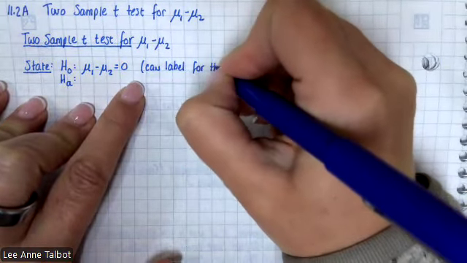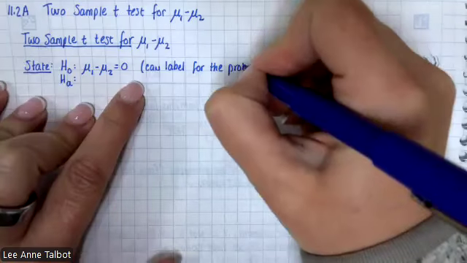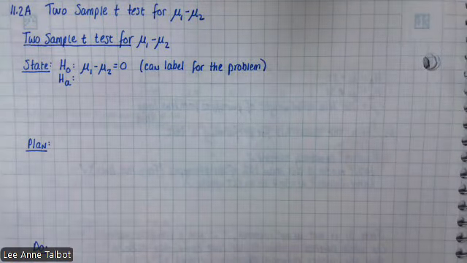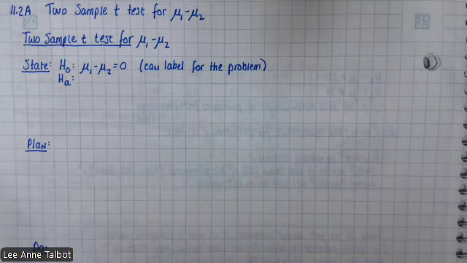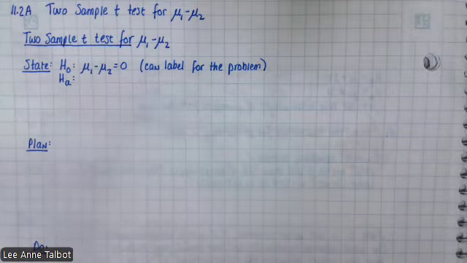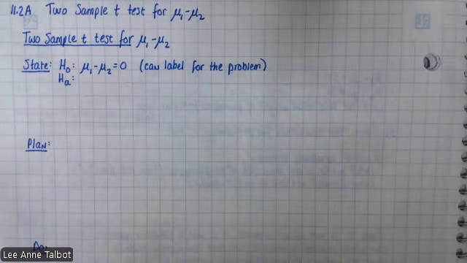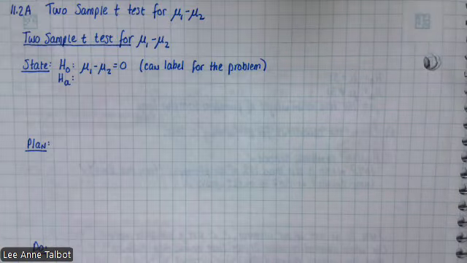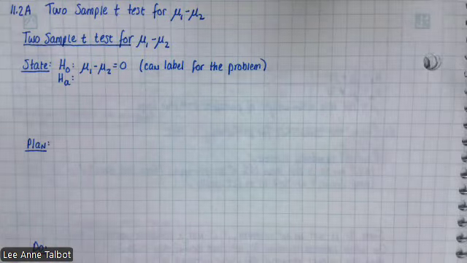I'm just going to add that you can label for the problem if you want to avoid having to say what one is and two is. And as we learned from that FRQ, you can label them numbers, because remember that was like fourth grade and fifth grade. So you can label them letters, you can label them numbers.